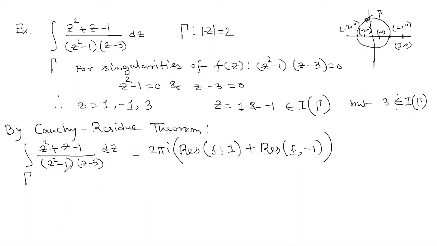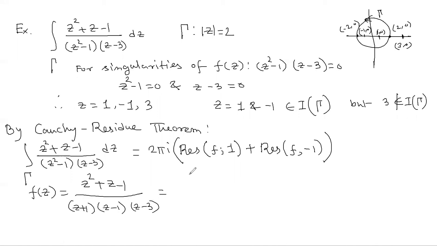So for this we can see now if f(z) can be written as (z² + z − 1) by (z + 1)(z − 1)(z − 3). So here we can see (z² + z − 1) by (z − 1)(z − 3), divided by (z + 1).